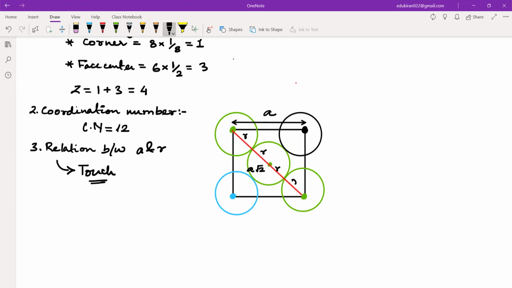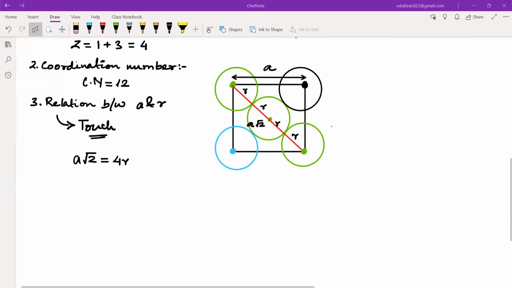This is again r, and this is r, right? So you can see a root 2 is equal to 4r. Correct? Yes, sir. No difficulty? No, sir.